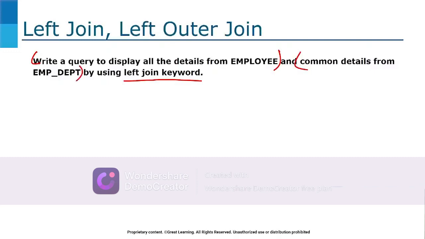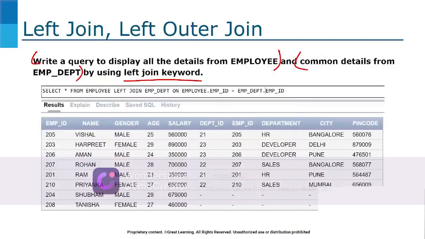So what is the situation here? The situation is that from one table I want everything, but from the other table I want only the common details. Can't we use left join? So in the left join, what will happen? See, I have written the left join here, right? And the table which I have written on the left hand side is which one? Employee. So from employee, all the details will come, but from the employee department, only the common details will come.